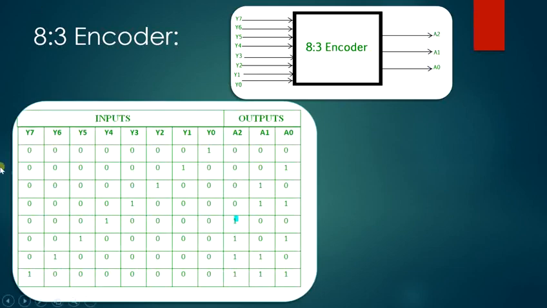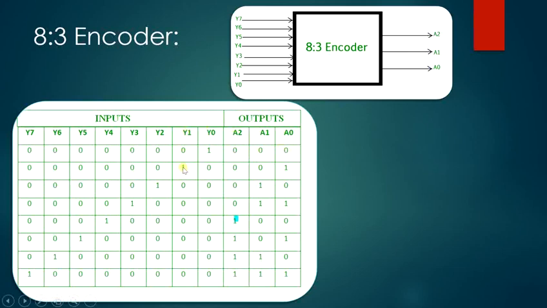Now coming to the truth table corresponding to the inputs and the outputs, as to how it is generated. If you can see, this is the LSB and this is the MSB. So when Y0 is equal to 1, you have the outputs as 0, 0, 0.